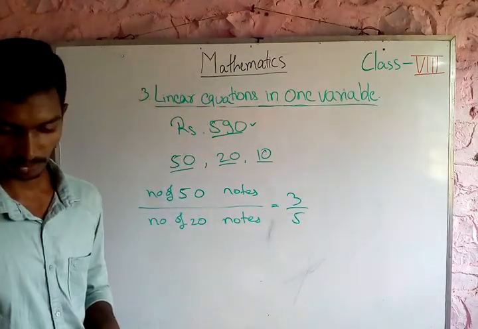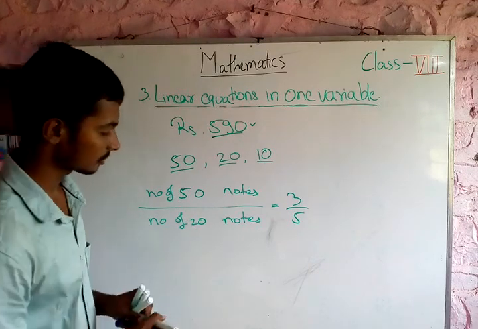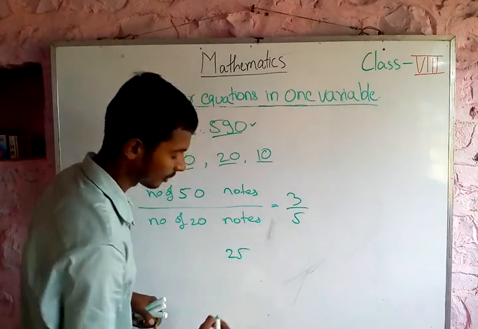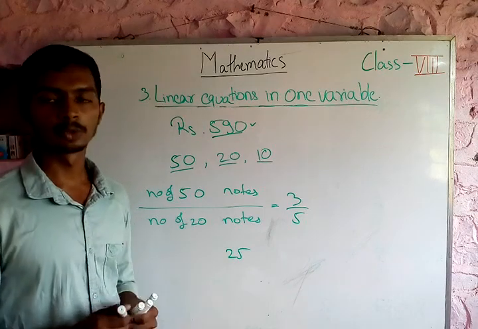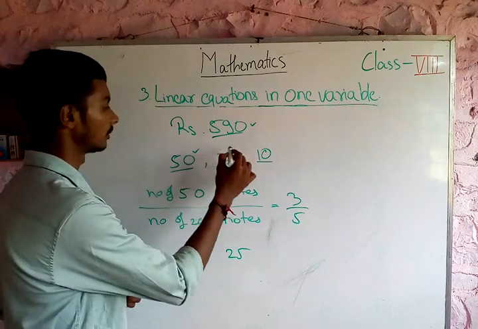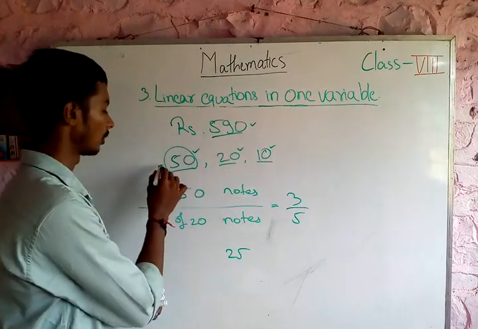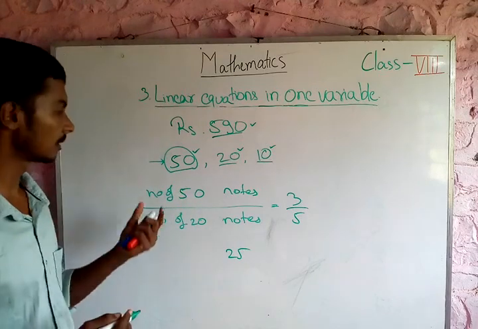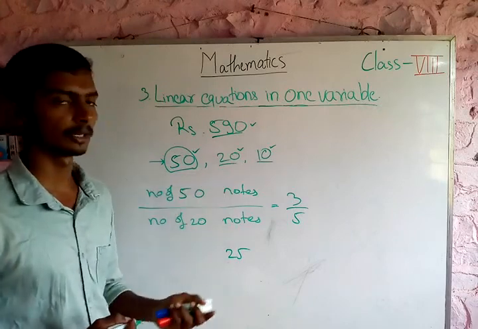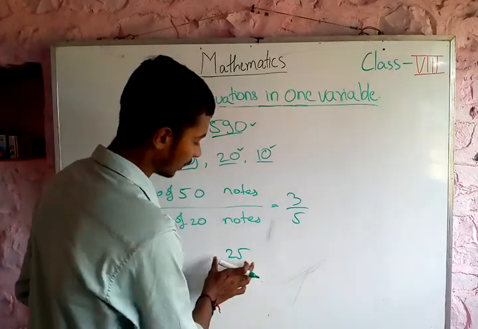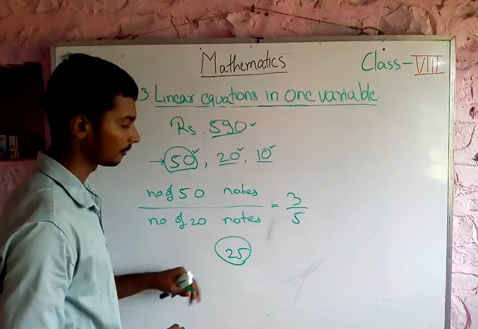In total he has 25 notes. Then they are asking you to find out how many notes there are of each denomination, that is, the number of 50 rupee notes, the number of 20 rupee notes and the number of 10 rupee notes. Now see here, in total Devesh has 25 notes.